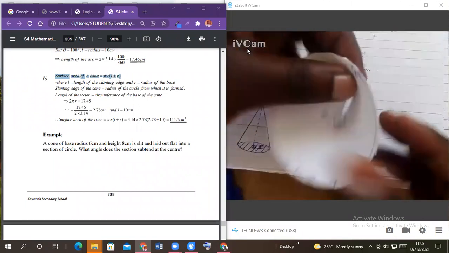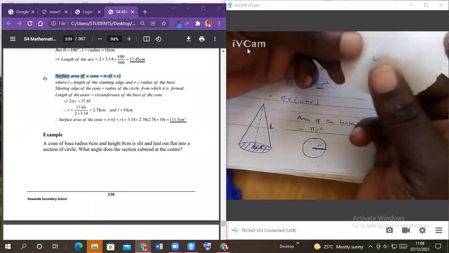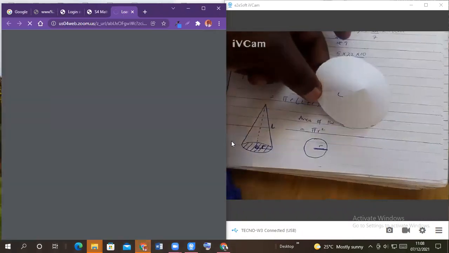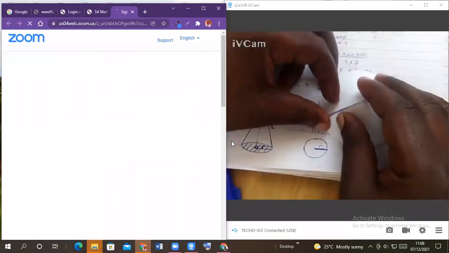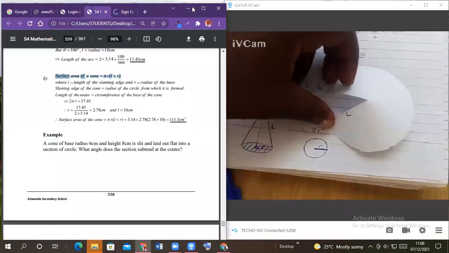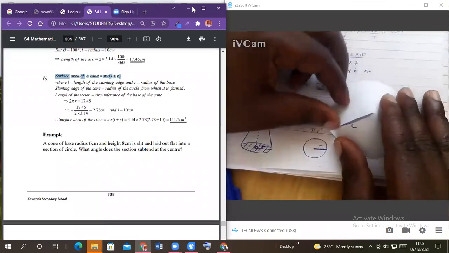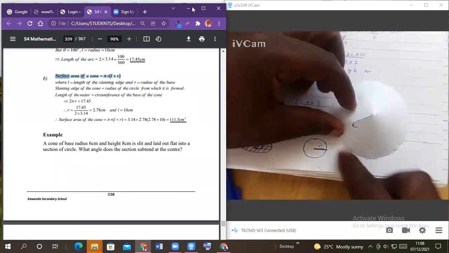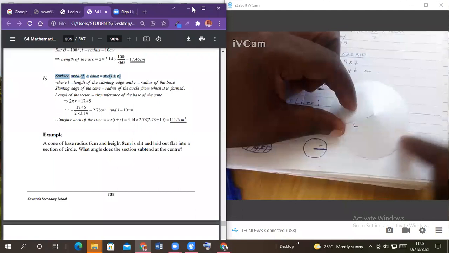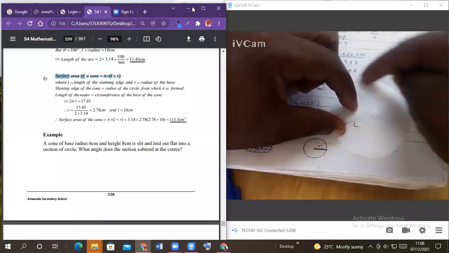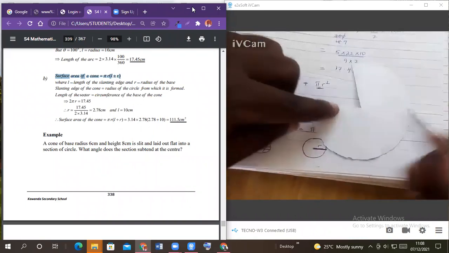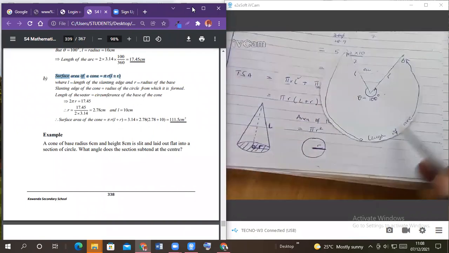If I make this cone sit down like this, this one is the circumference of the base. But the circumference of the base is the same as the arc length, which we just found.